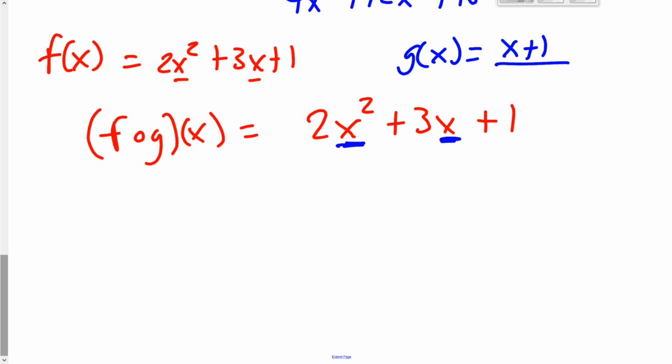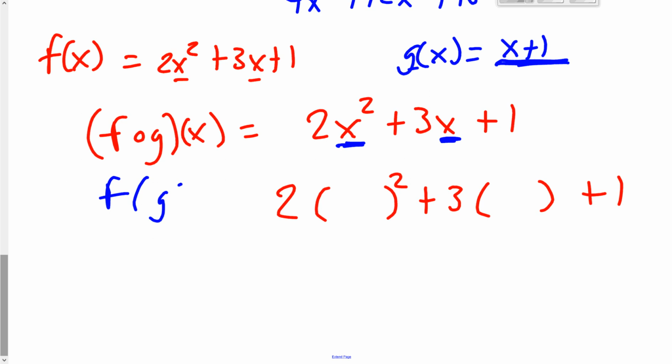So those x's are now going to change to x plus 1s, because it's f of g of x, meaning I'm taking g of x and plugging it into f. So I've got to place x plus 1 for my x.